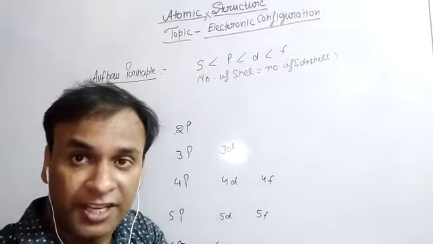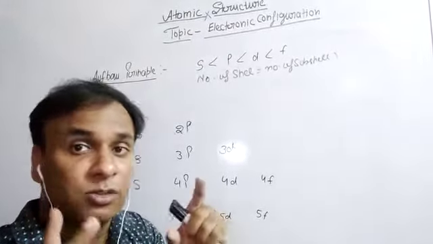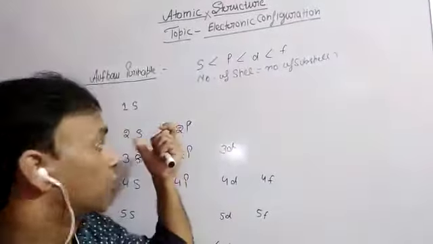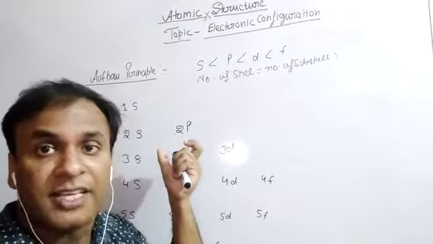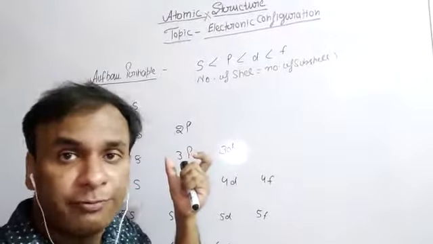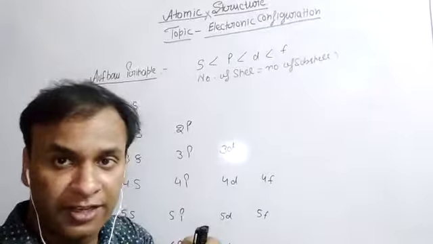The second shell means two subshells, s and p, are both present. In the same manner, SPD and SPDF. According to the Aufbau principle, electrons enter from lower energy to higher energy.